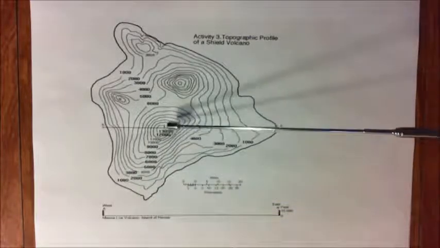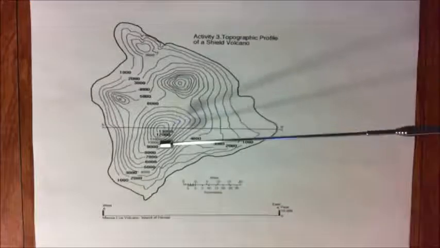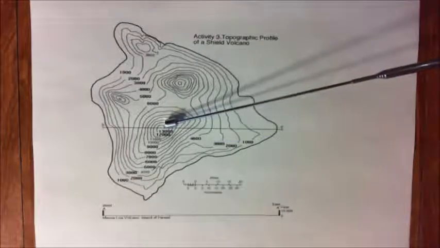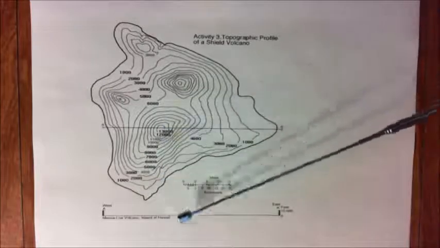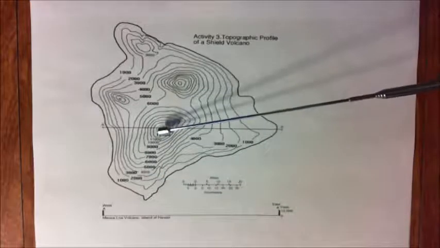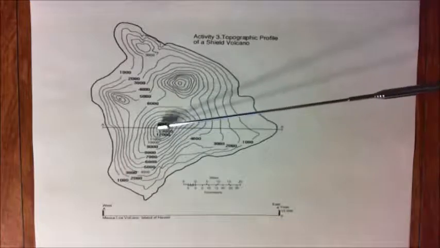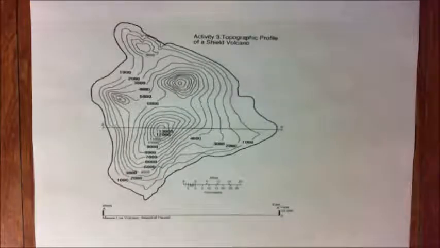The last contour line here is 13,000 feet, and all the lines are 1,000 feet apart. So what can we assume is the height of the very top of this mountain? 13,000 plus half of 1,000 is 13,000 plus 500, or 13,500.